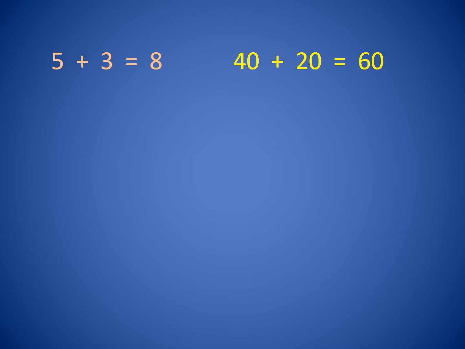We're going to use this to help us do some two-digit addition in our heads without writing them down. If we take the problem 45 plus 23, we're trying to find the sum of those. You may be able to do that in your head. It's a pretty easy problem, but I want to use it to demonstrate the process, and later we'll do more difficult problems.